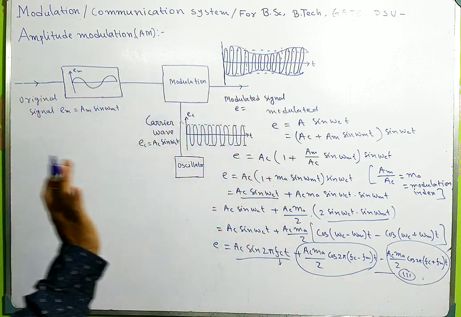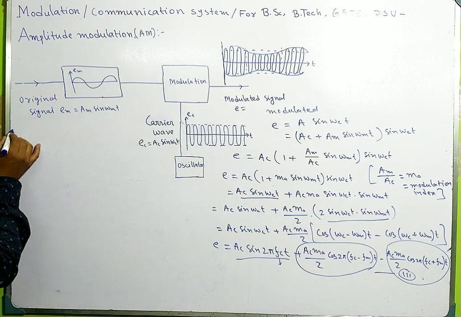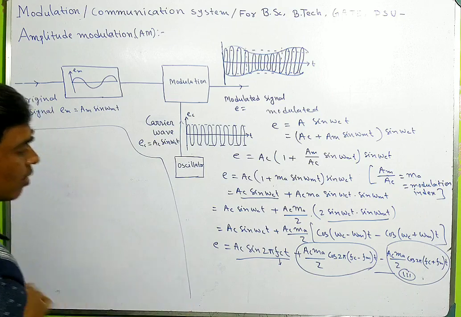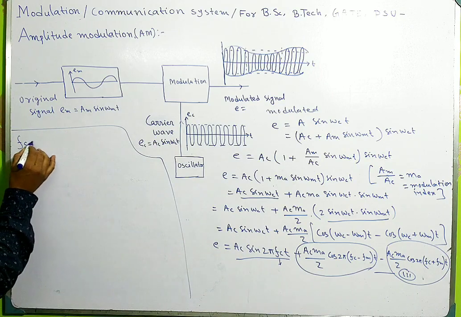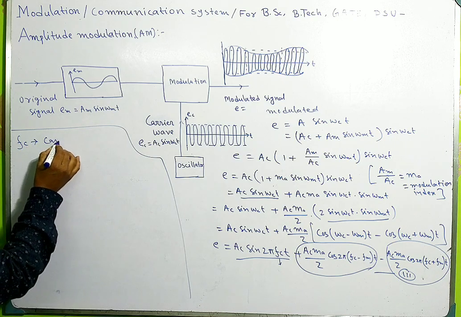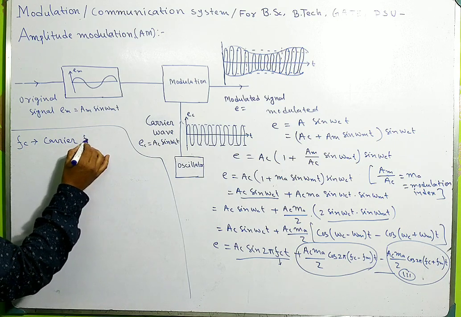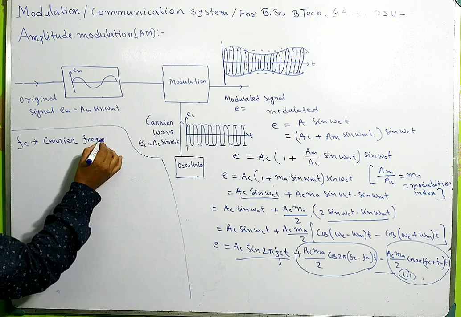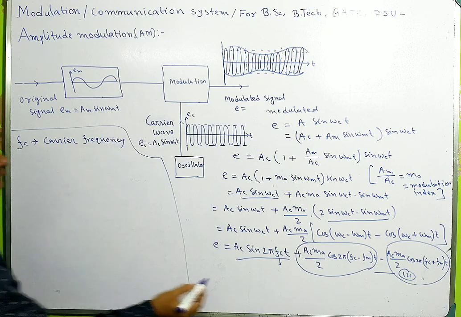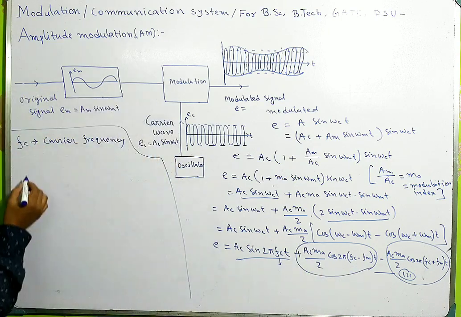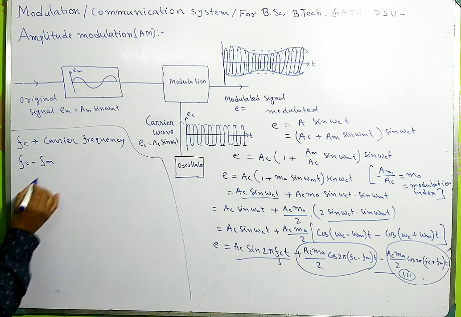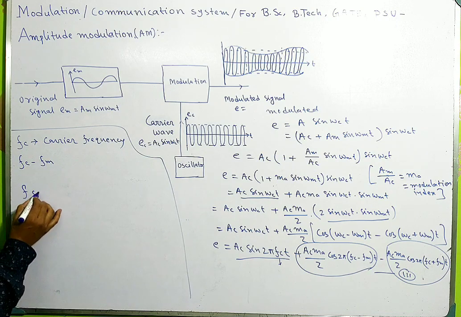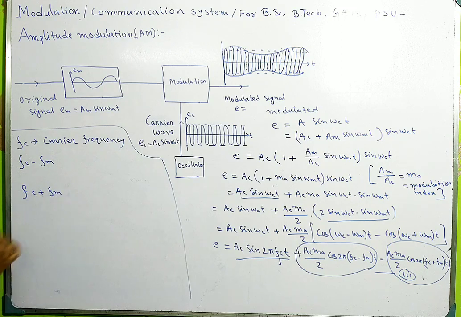So there are three frequencies. This frequency f_c is called the carrier frequency, and there are also f_c minus f_m and f_c plus f_m.